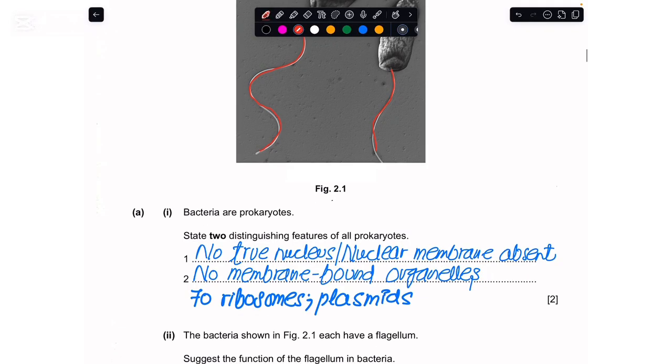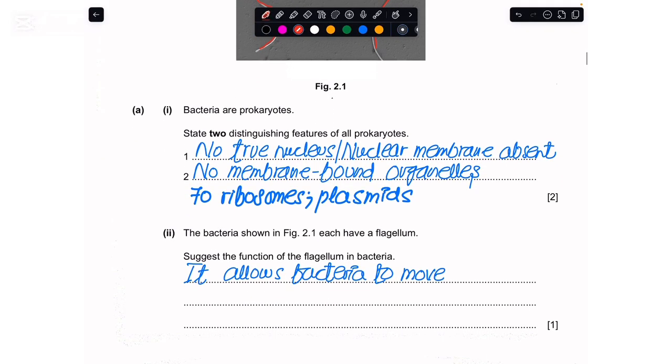Now here they ask us for part A: the bacteria are prokaryotes, and by prokaryotes we simply mean the bacteria. They ask for 2 marks: state two distinguishing features of all the prokaryotes. What you need to keep in mind is that bacteria have the cell wall, the cell membrane, and circular DNA that is not enclosed by a nucleus.